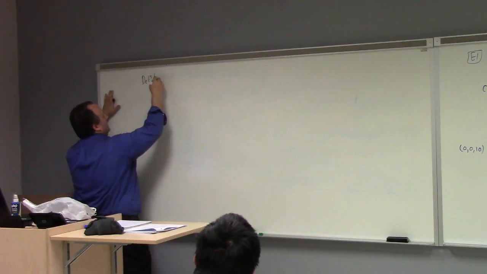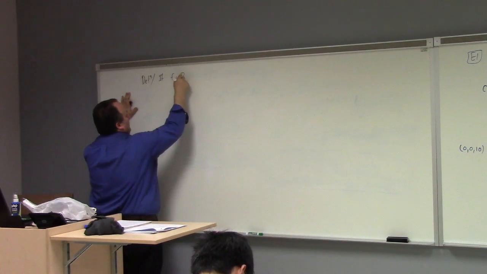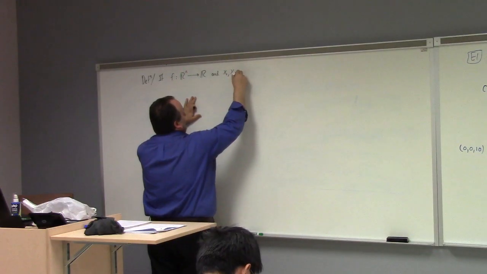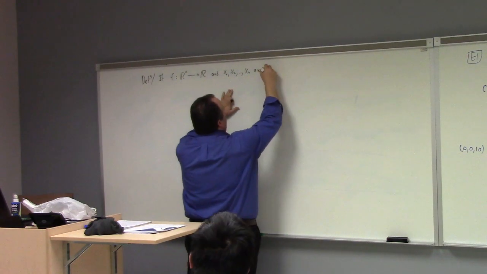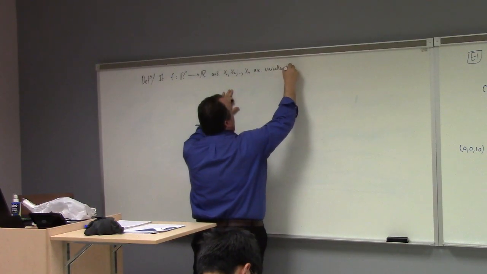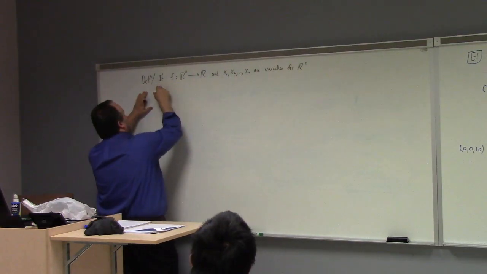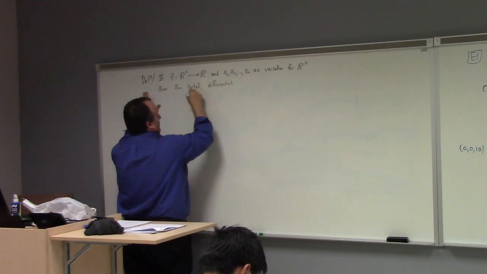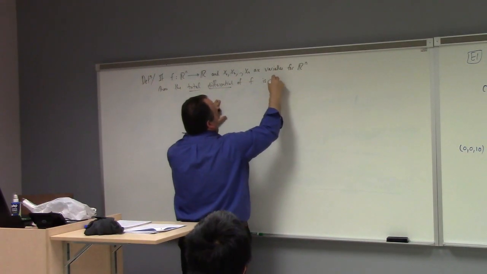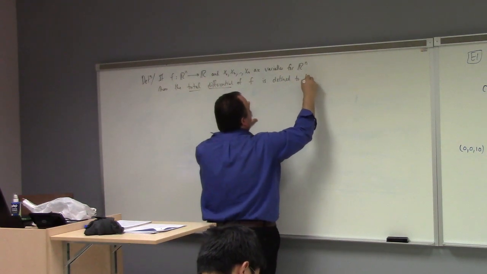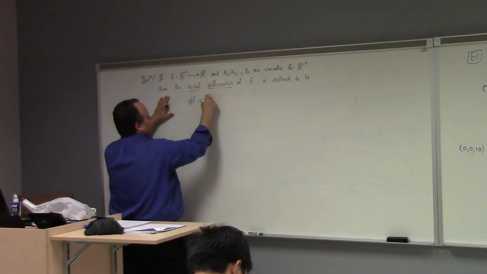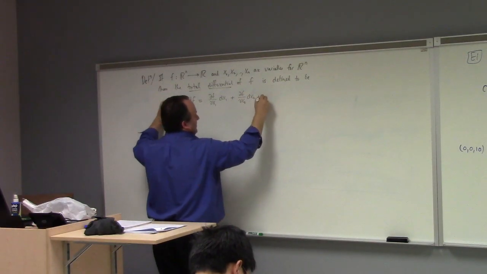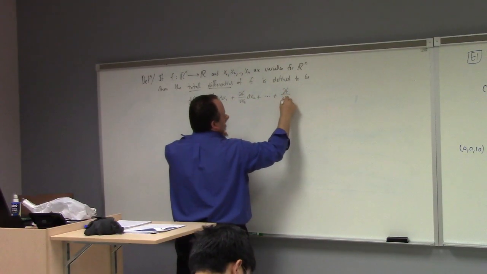And so here's what it is. I'll just show you a few. If f is a mapping from, say, Rn to R, and x1, x2, xn are variables for Rn, then the total differential of f is defined to be df equals partial f, partial x1, dx1 plus partial f, partial x2, dx2 plus partial f, partial xn, dxn.